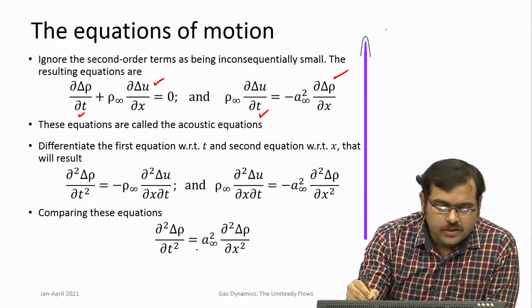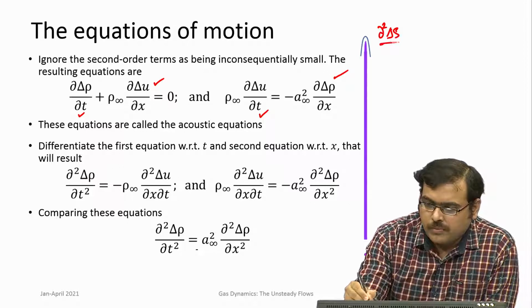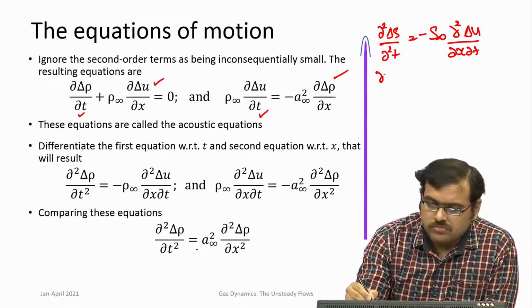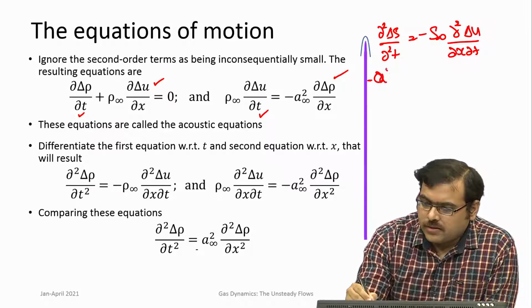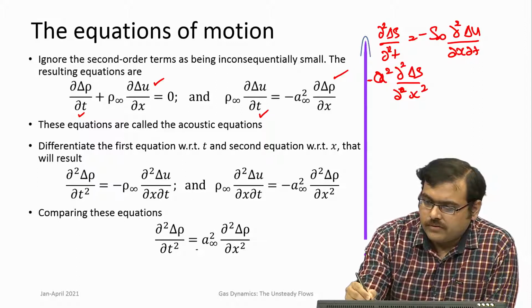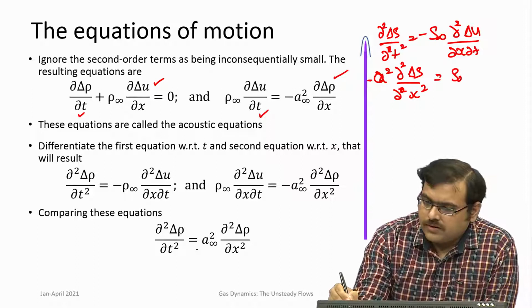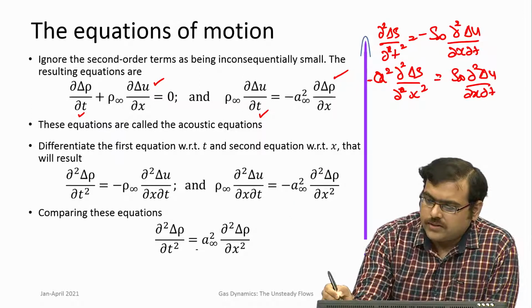you get ∂²(delta rho)/∂t² equal to minus rho infinity ∂²(delta u)/∂x∂t, and from the other, minus a squared ∂²(delta rho)/∂x² equal to rho infinity ∂²(delta u)/∂x∂t.